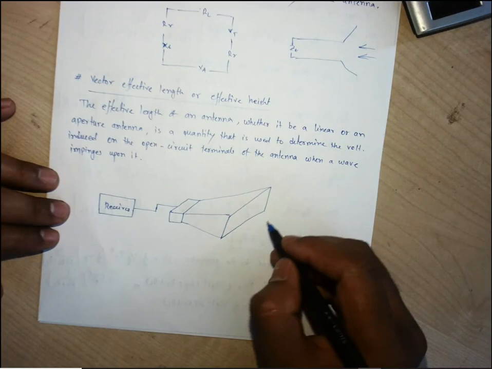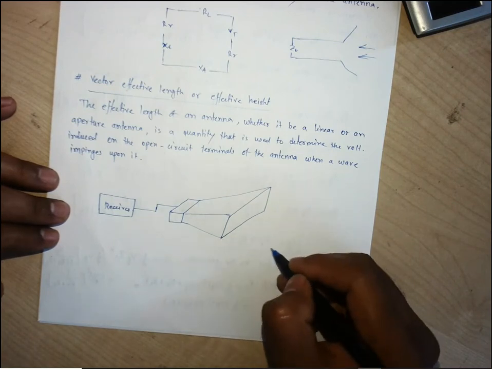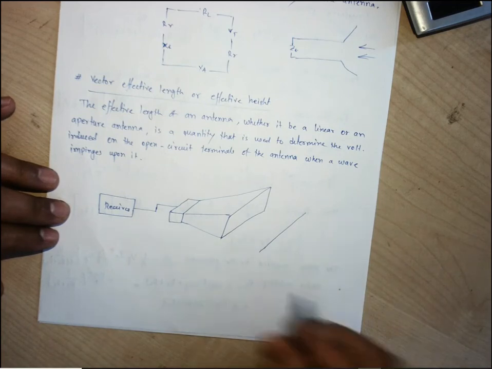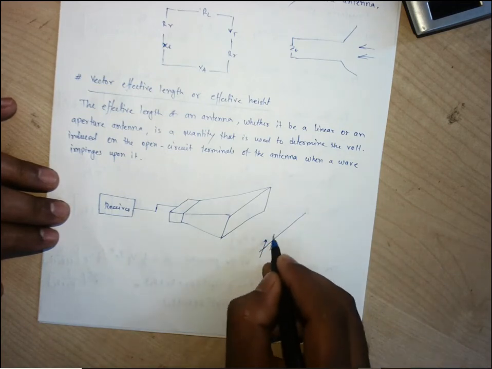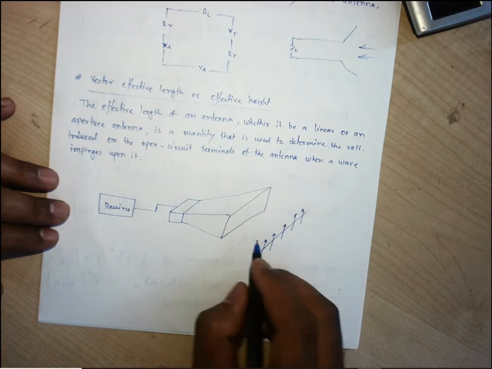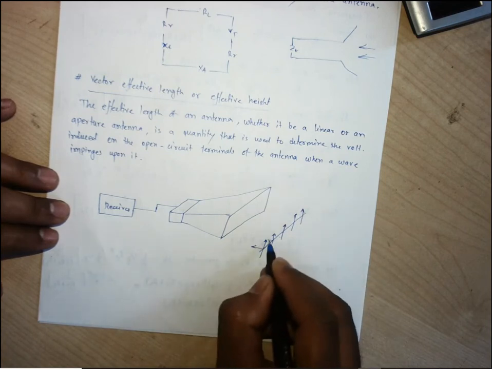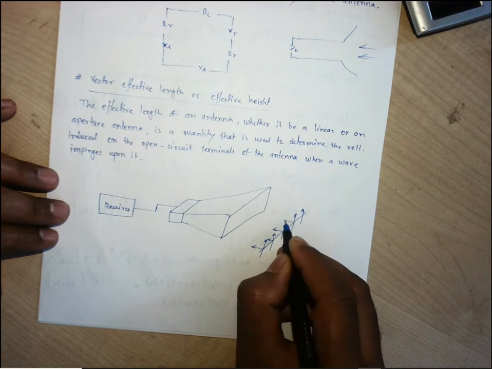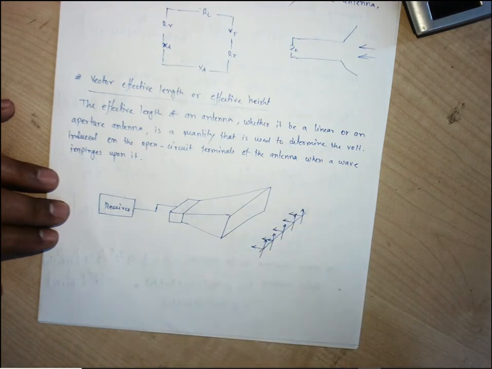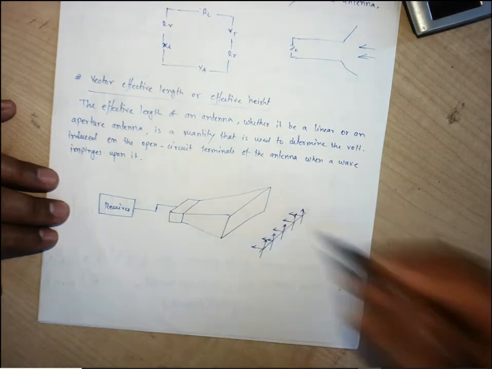So we can have this effective length in this way, or like this. It may be along theta, it may be along phi.